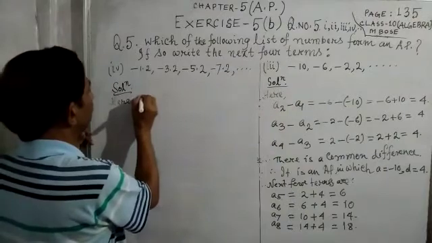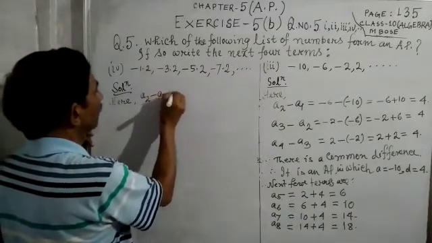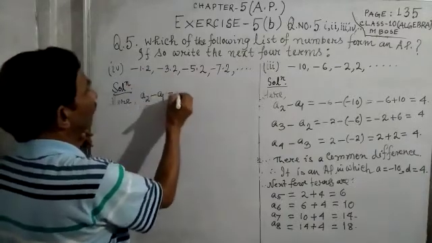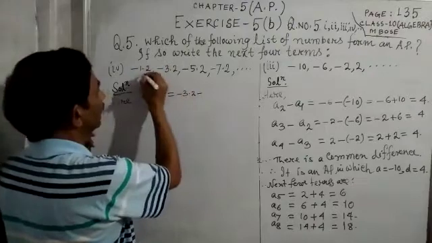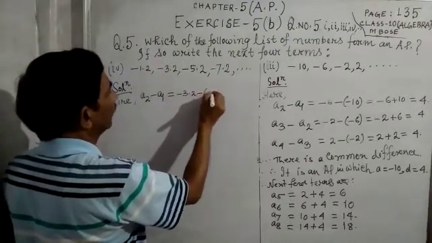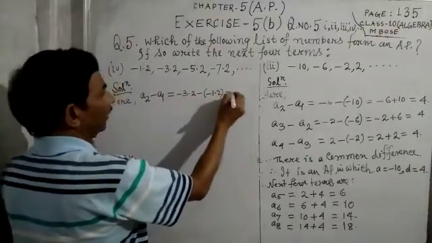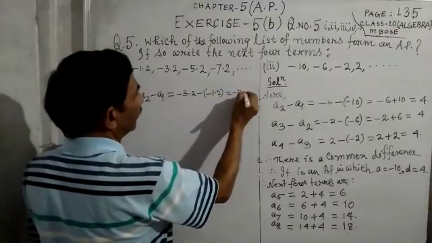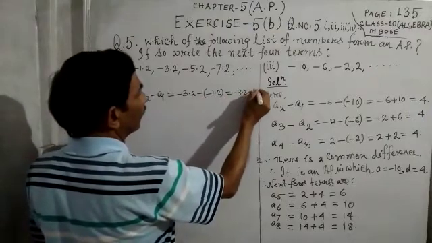Here, A2 minus A1: this is A2, minus 3.2, minus this A1, minus 1.2. If we do it, minus 3.2, then minus into minus is plus 1.2.